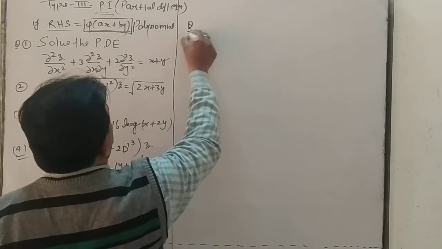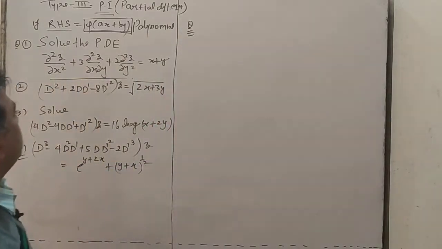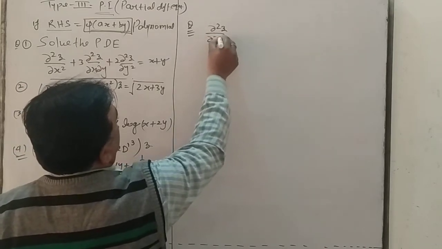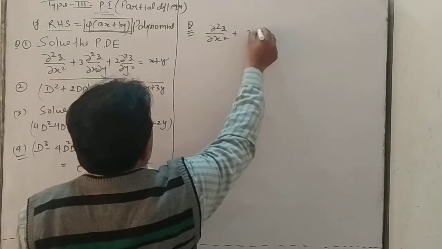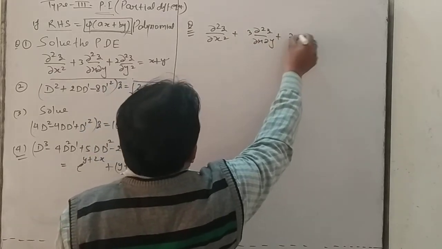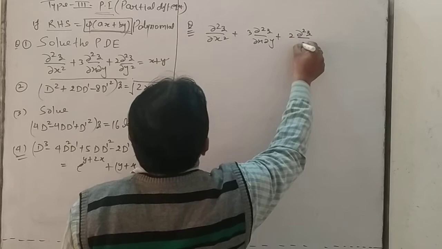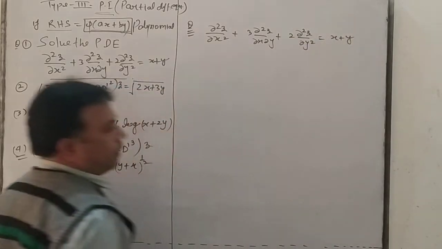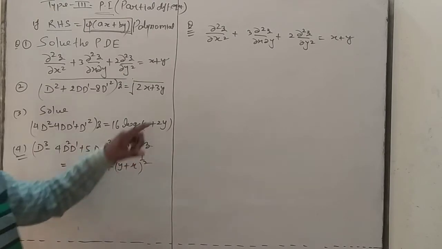Question number one. Solve the partial differential equation del 2z by del x2 plus 3 del 2z by del x del y plus 2 del 2z by del y2 equals x plus y. The CF is found by the previous method.